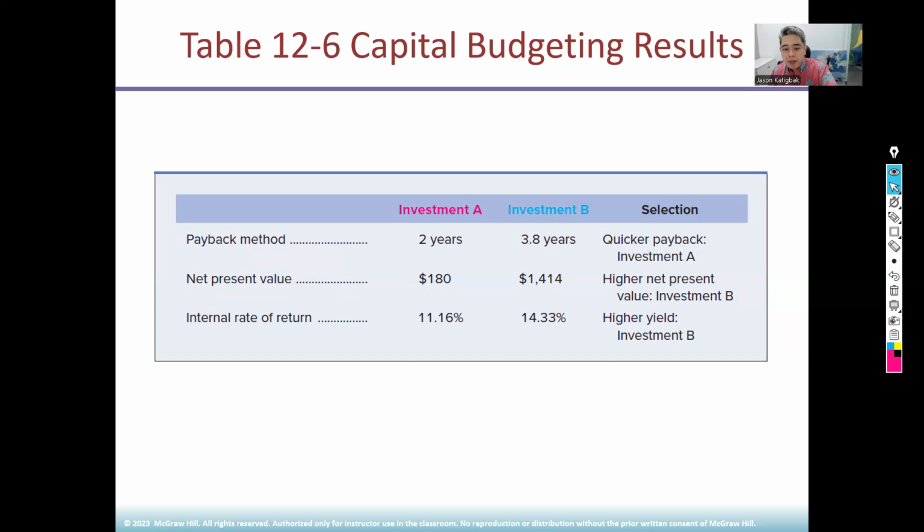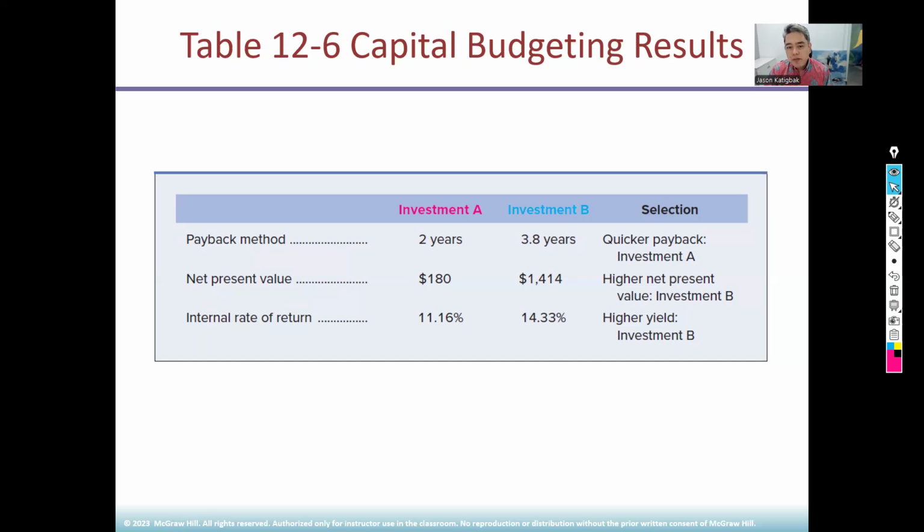So you can independently look at it. If it's mutually exclusive and you only have 10,000, I would take a look at investment B. But if it's mutually dependent, this one is dependent on this, then that becomes more of a qualitative type of discussion that needs to be included, right?